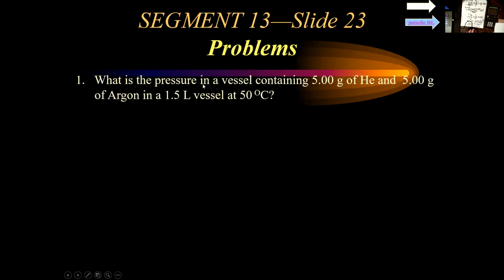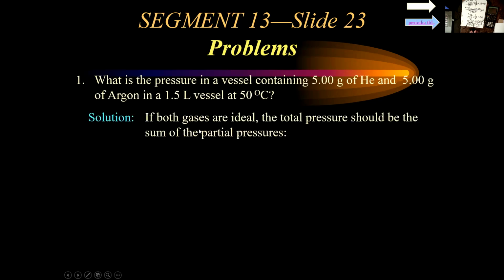Okay, what's the pressure of a vessel containing 5 grams of helium and 5 grams of argon in a 1.5 liter container at 50 degrees Celsius? Okay, both gases are ideal. The total pressure should be the sum of the partial pressures. That's Dalton's law.